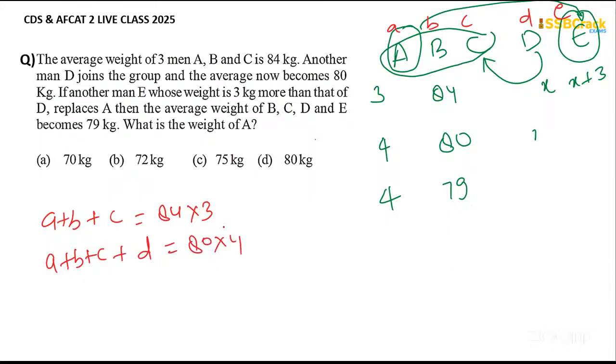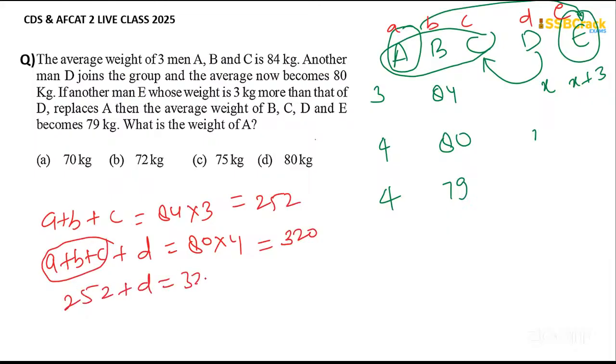So it is 252 and it is 320. Now from here we can put the values of A plus B plus C: 252 plus D is equal to 320. So the weight of D is 320 minus 252, which is equal to 68.